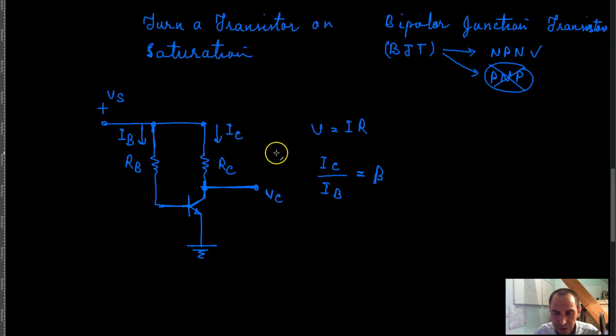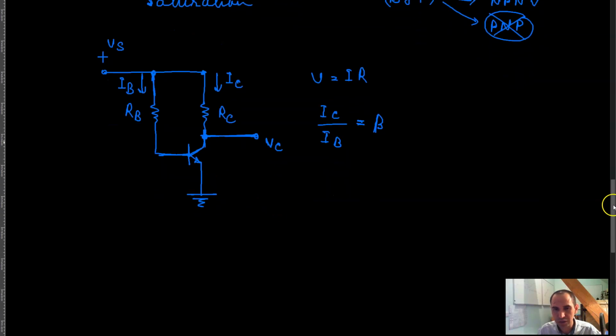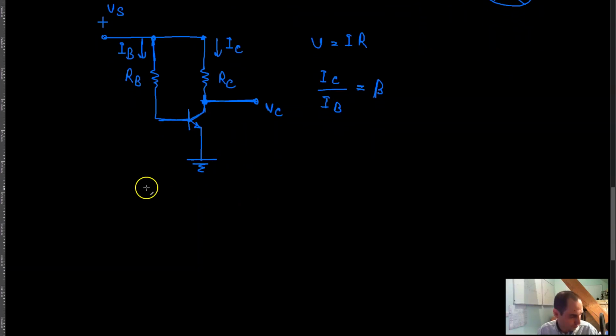So now let's do a concrete example here to see how we can actually turn this transistor on, and you will understand completely what I meant by all of this.